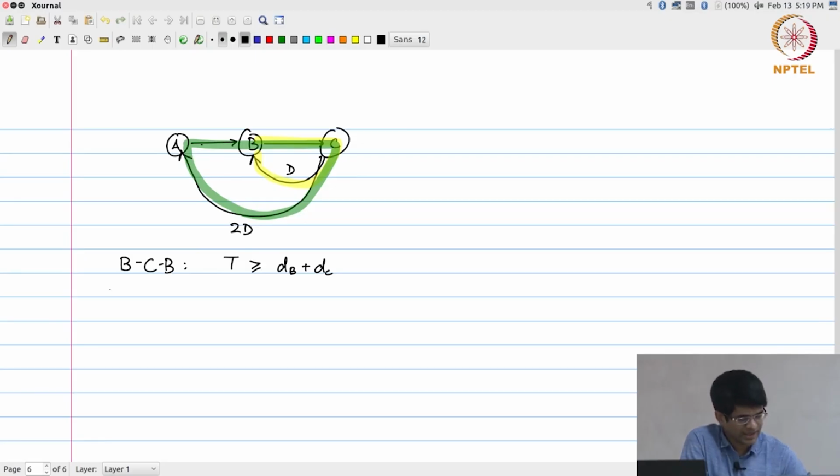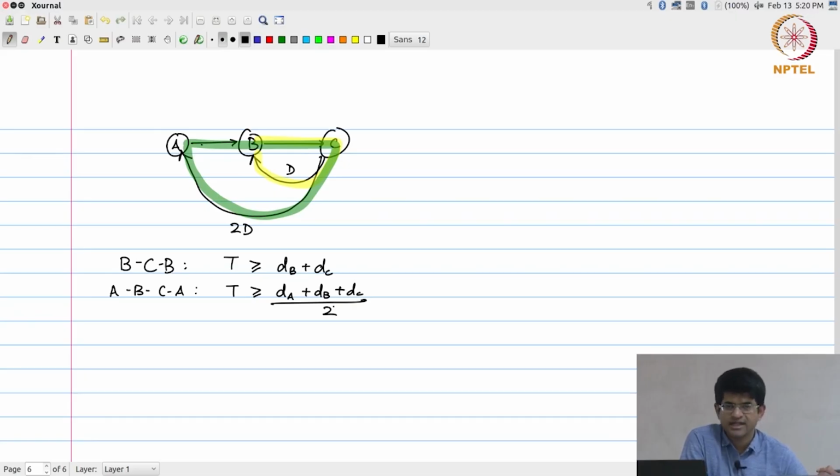For the other loop, what I have is A to B to C back to A. Over here t must be greater than or equal to (dA plus dB plus dC) divided by 2, because you will end up with dA plus dB plus dC minus 2t being less than or equal to 0. That is the constraint that you will see.